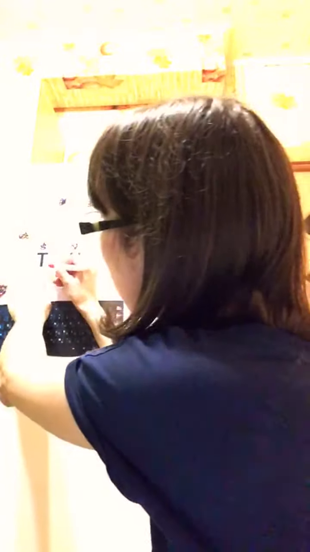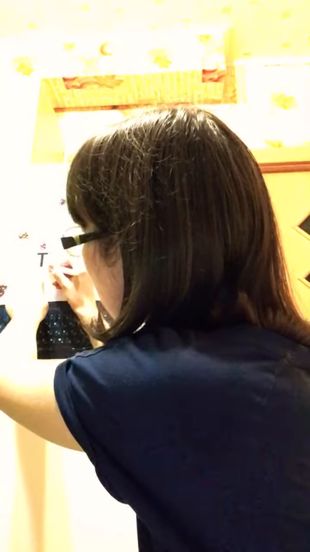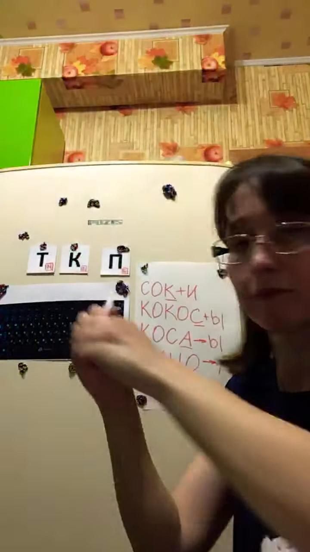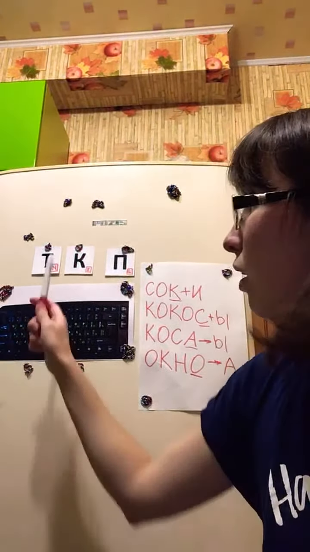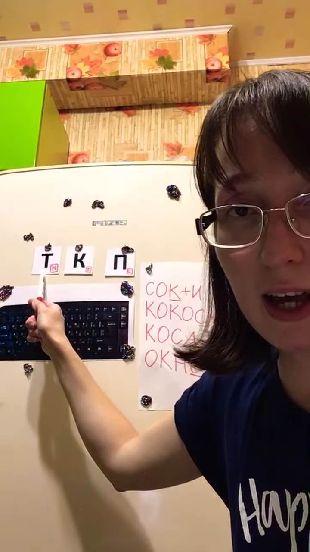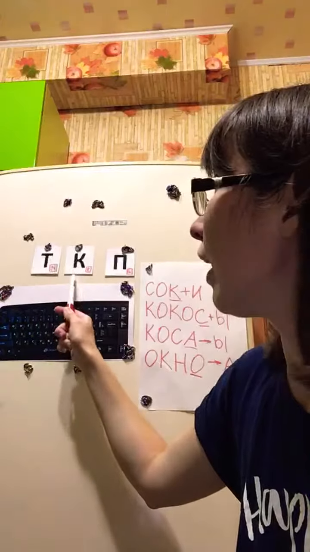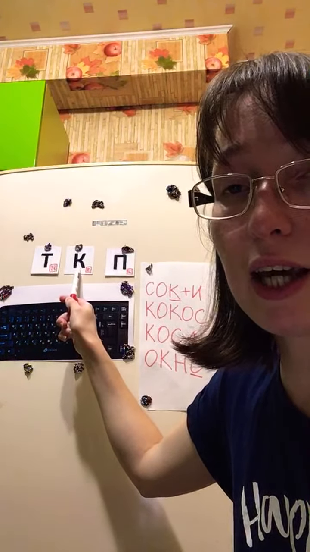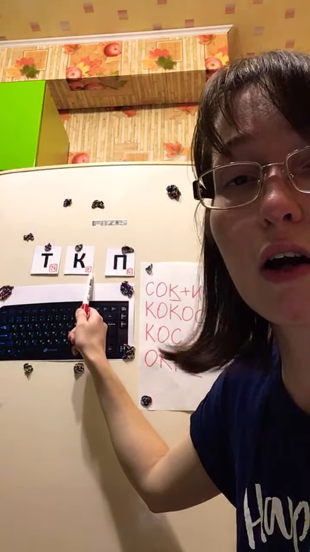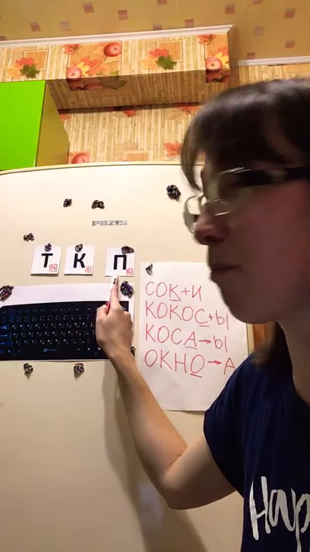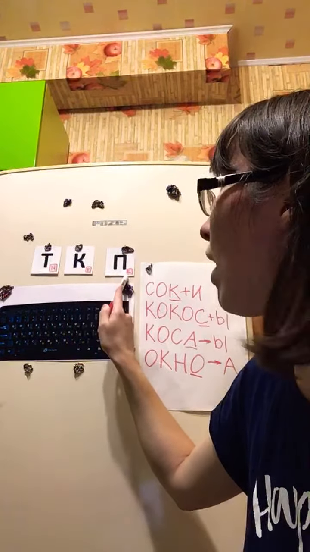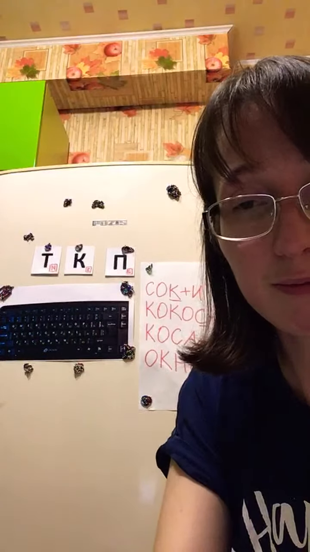So here I write the button N. The letter T is located on the button N. The letter K is located on the button R. And the letter P is located on the button G. Okay? A lot of words.